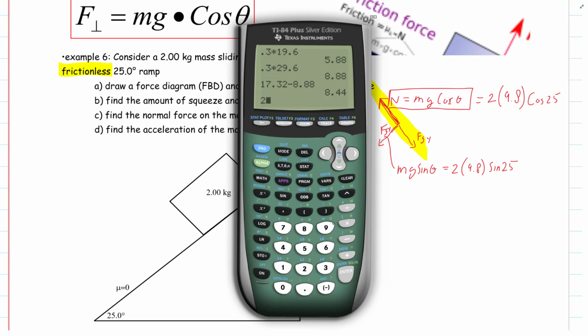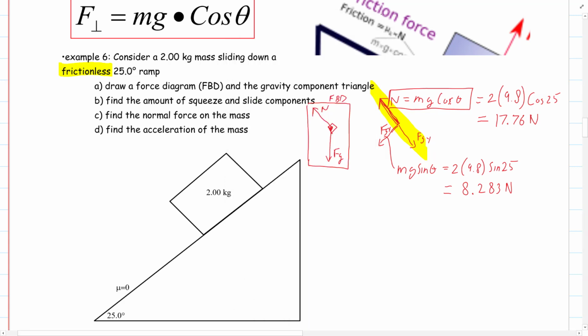We go 2 times 9.8 times the cosine of 25, and 2 times 9.8 times the sine of 25. And we get the cosine is equal to 17.76 newtons. And the sine one is 8.283 newtons. Deciding to write down 4 sig figs for both.